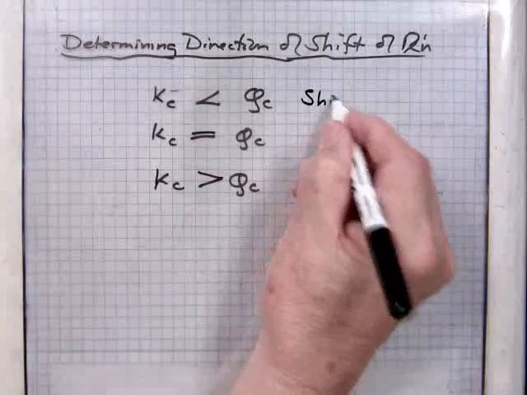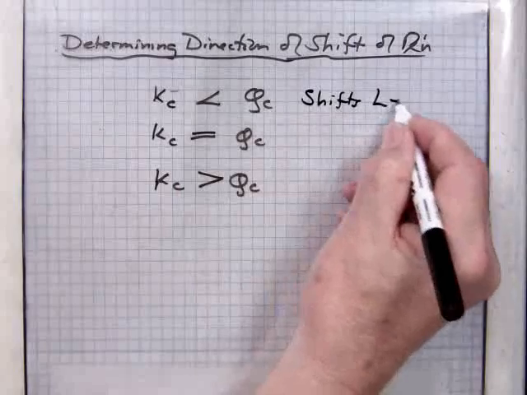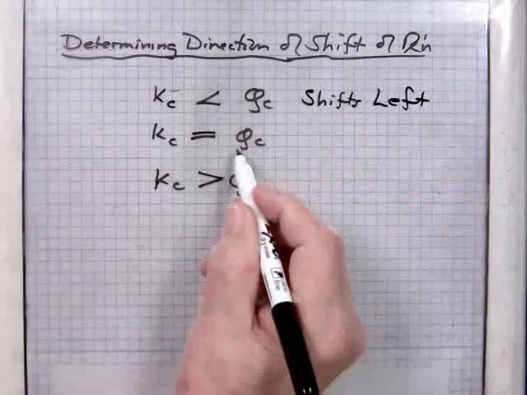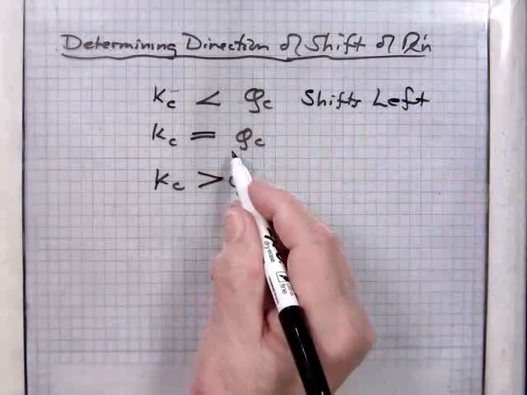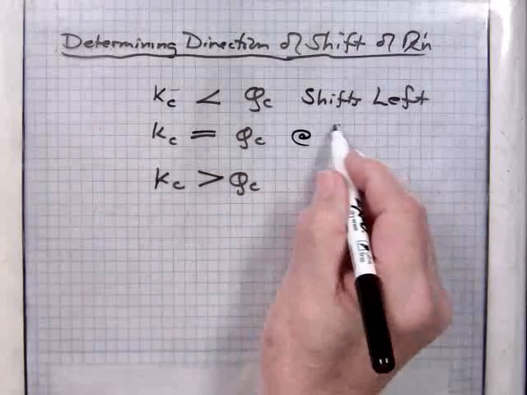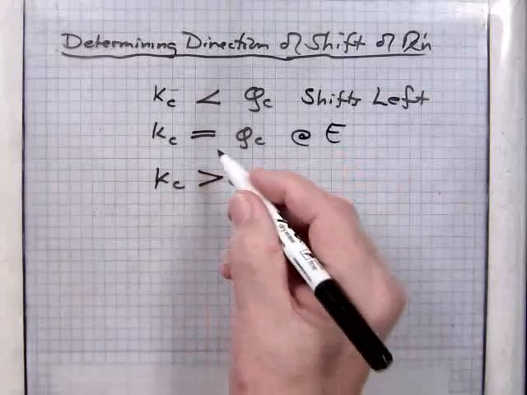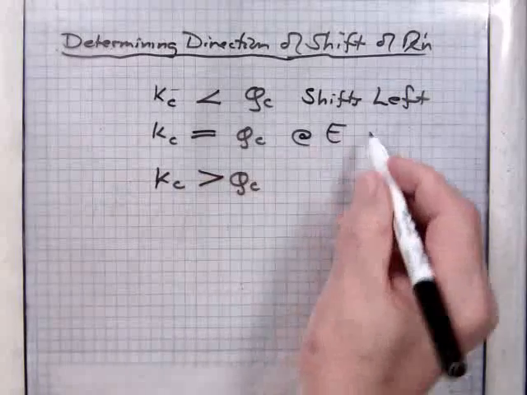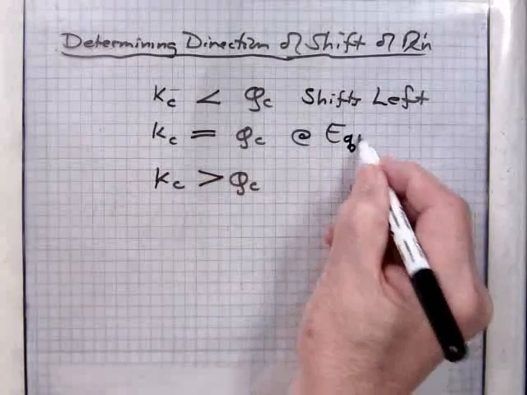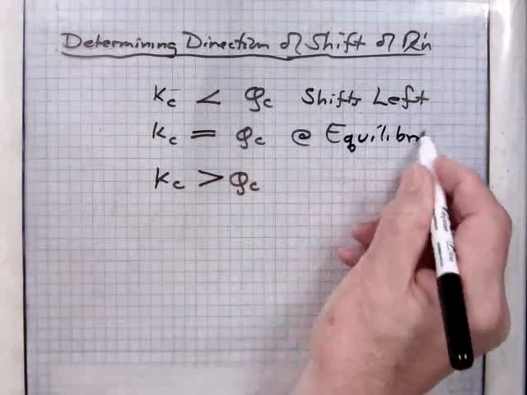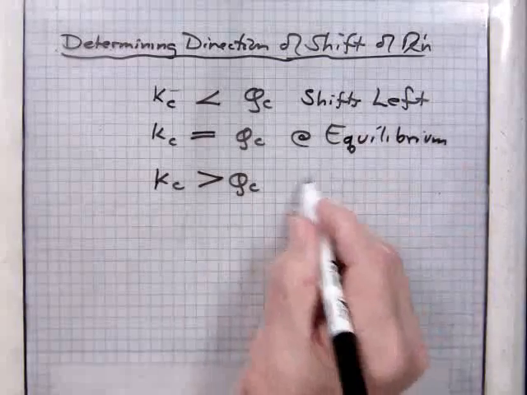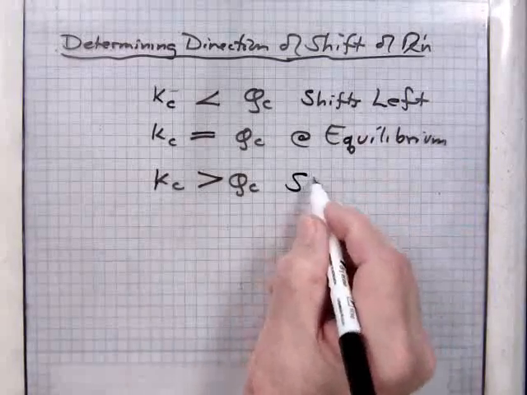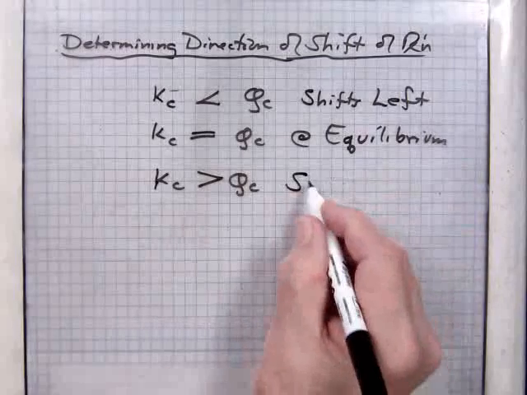Shifts left. In the middle, it will be at equilibrium, if that happens to be after you substitute, QC equals KC. And in this last case, it shifts right, in the direction the inequality points.